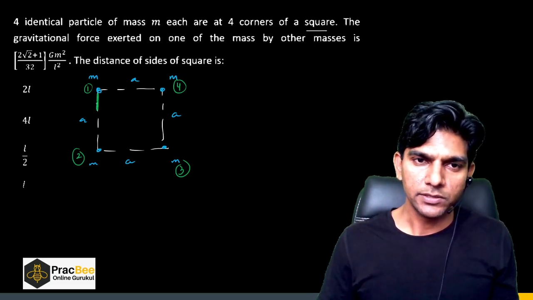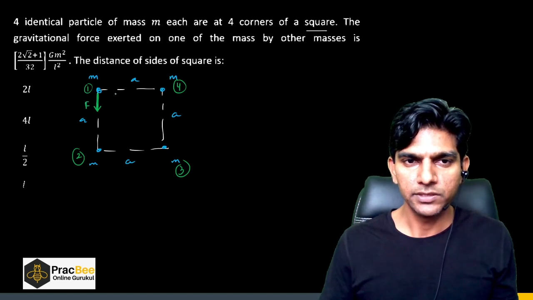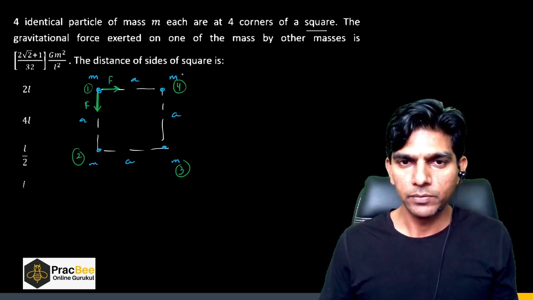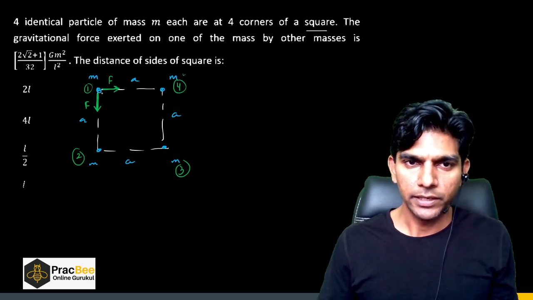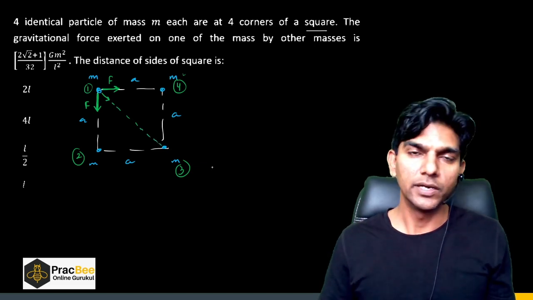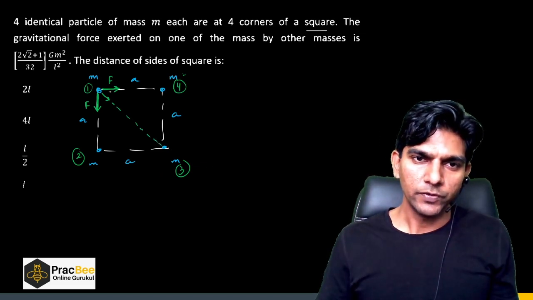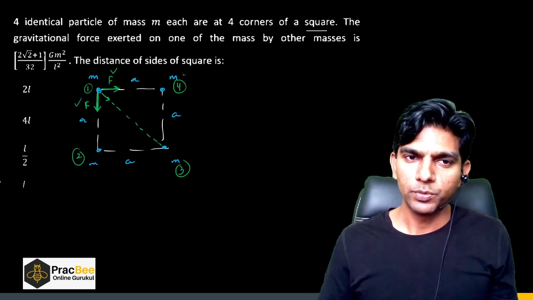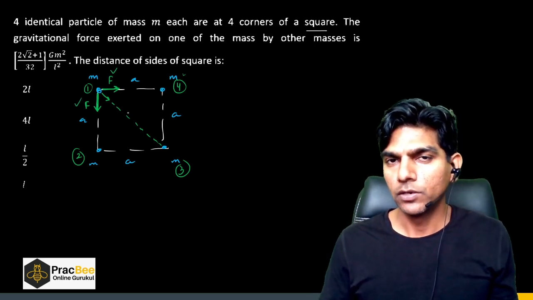So it will experience the attractive force by mass 2 in the downward direction, that is this force is F, and it will experience the same magnitude of force by mass 4 in the right direction, and there will be a force along the diagonal by mass 3.